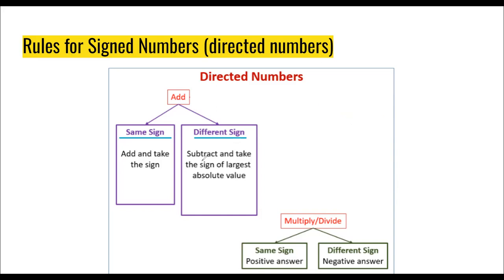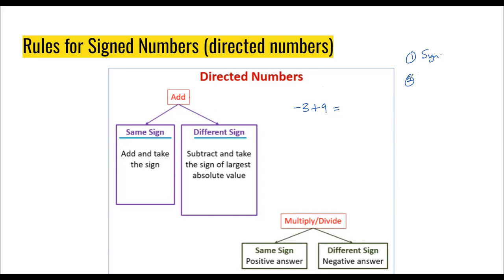Now, when the signs are different, let's say, for example, I have -3 plus 9. We are going to take the sign of the larger of the two numbers. We always work out the sign first, and you'll see as you go along how I build on this with algebra. With these questions, we work out the sign first, then we look at the number part.